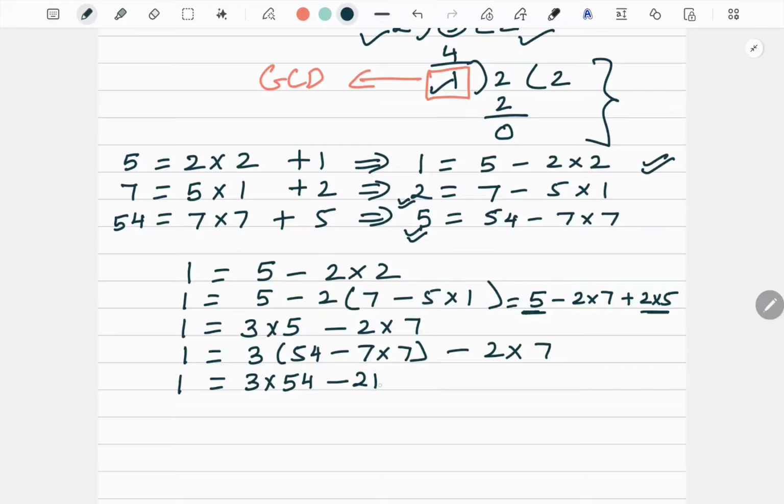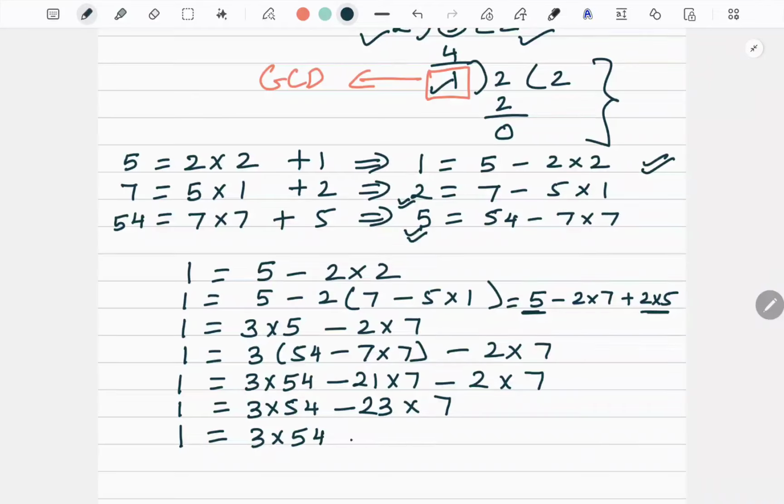Minus 21 into 7 minus 2 into 7. So now all equations are covered. So I have to just arrange this. 3 into 54. Now how many 7? 21 and 2 means 23. So minus 23, 7. So 1 is equal to 3 into 54 plus minus 23 into 7.